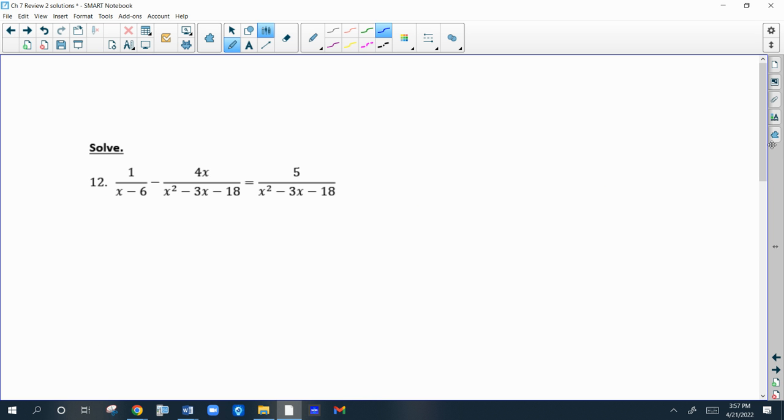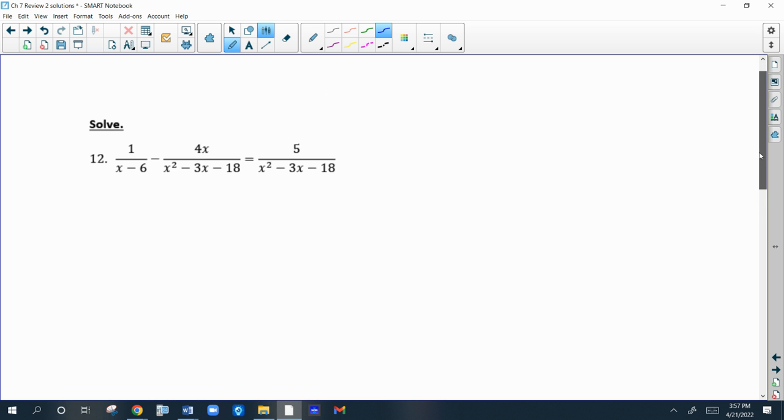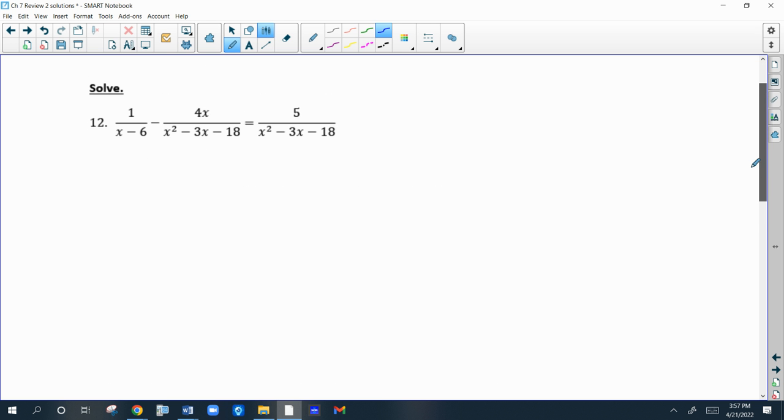And 12 is the last equation we need to solve on this review. So we're going to go ahead and do that. And it's just the same as everything else. You're going to factor anything you can first. So here I go. I am going to change this to plus a negative 4x.